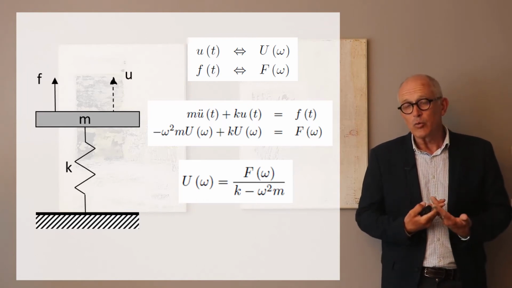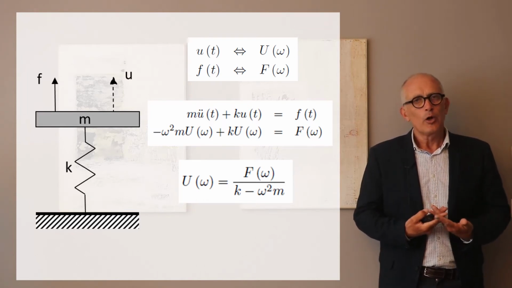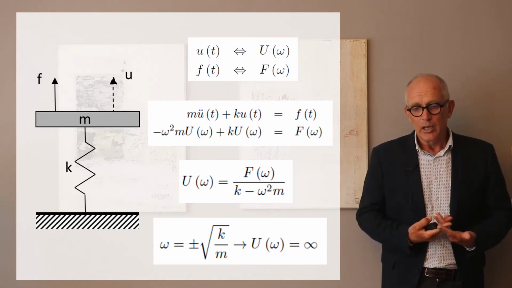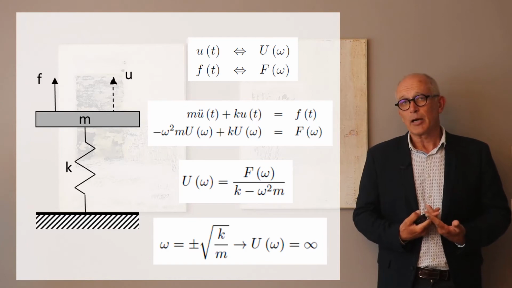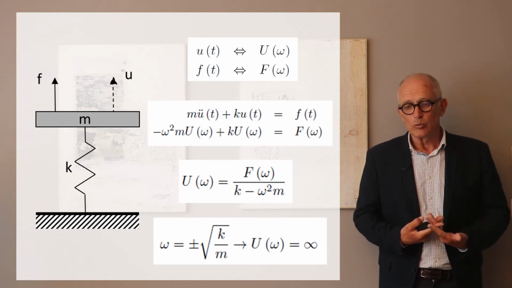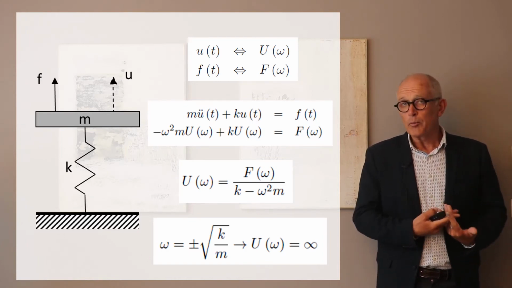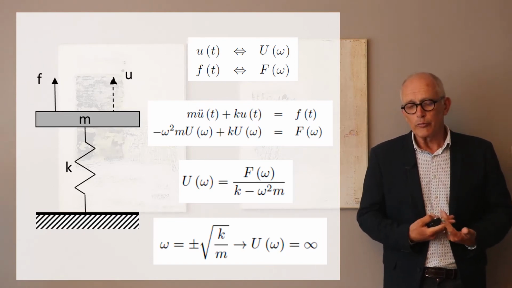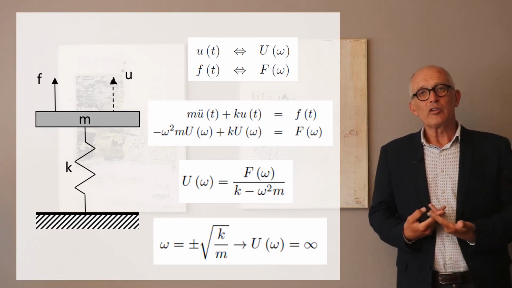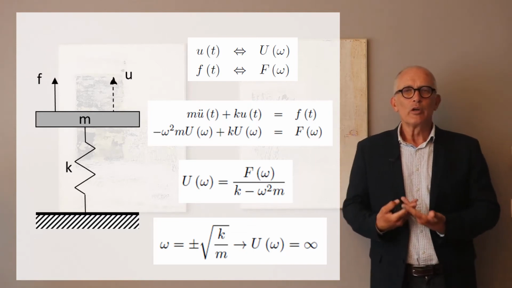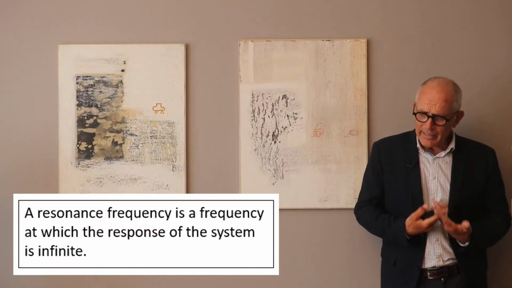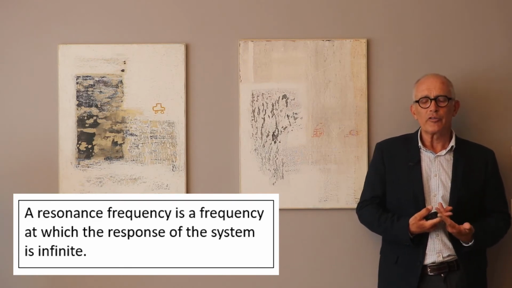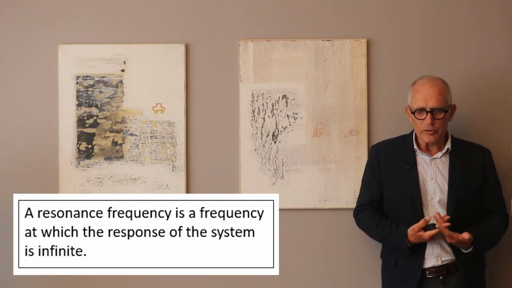And immediately when you look at such an expression, you realize that there is one very special value of omega, which is the value for which k minus omega square m is equal to 0. So when omega is equal to plus or minus square root of k over m, we see that the displacement goes to infinity.